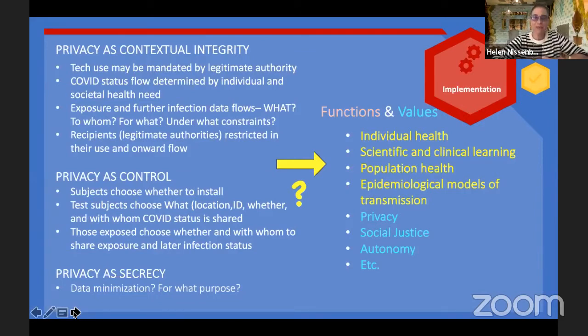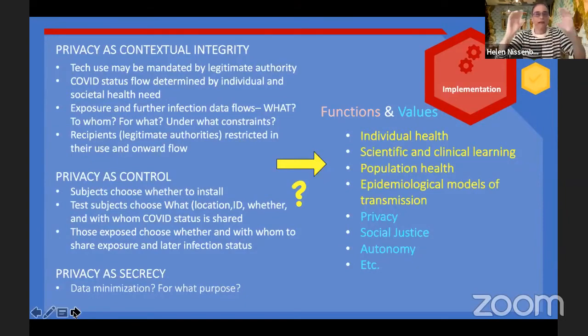So here's where I slightly part company with Ron. If we adopt a definition of privacy as contextual integrity, then it may be okay to mandate the use of the technology by a legitimate authority.